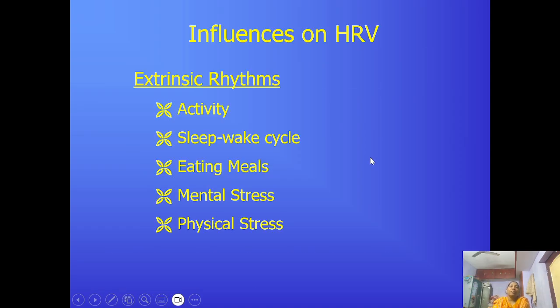What are the influences on heart rate variability? There are certain extrinsic rhythms, like our activity or sleep-wake cycles, eating meals, or even mental or physical stress. These factors influence heart rate variability.